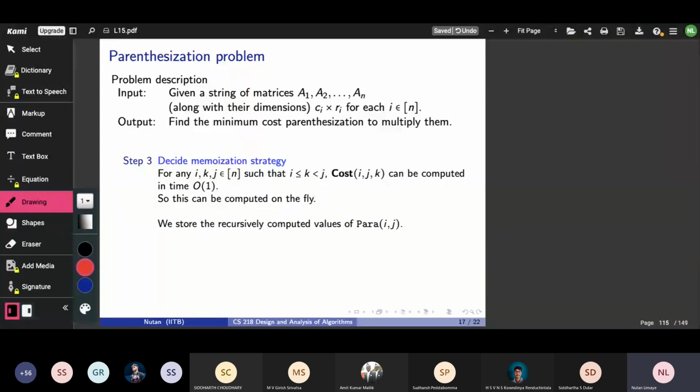We don't need to store anything to compute this beforehand. But what we need to store are these intermediate values ij. And we need to start doing this by building smaller intervals. Okay, so typically this dynamic programming storage mechanism is depicted like this.